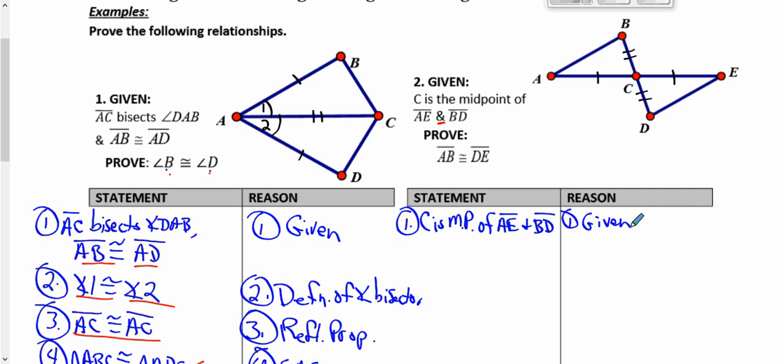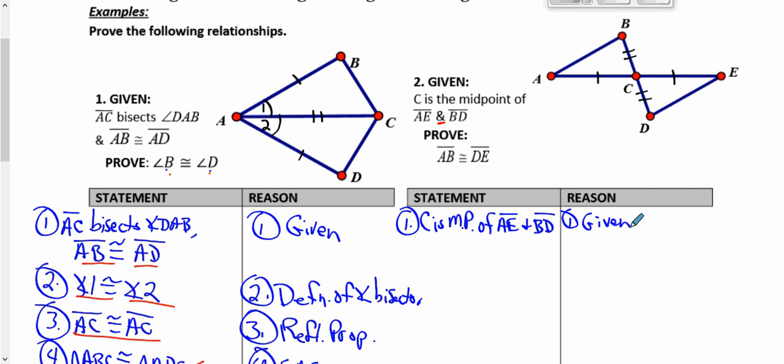So before we get AB congruent to DE, what do we have to prove first? Triangles congruent. Do we have enough information for that? No. We've only got one congruency, don't we? We don't even have that. We're not given anything congruent, nothing in the given. So we have no congruencies, do we? Not yet.